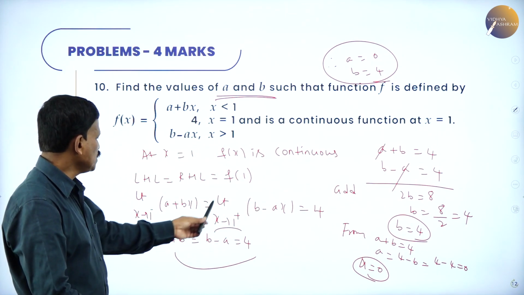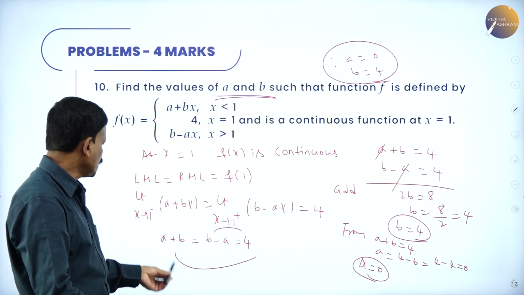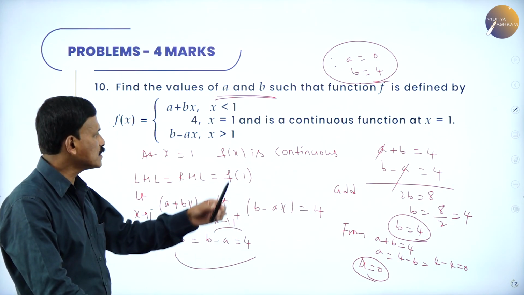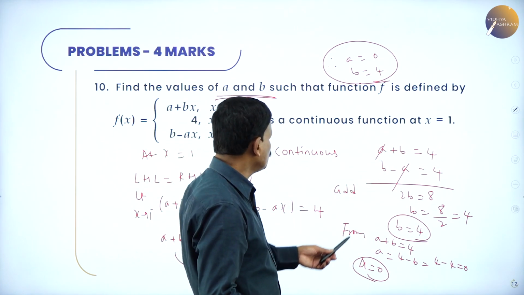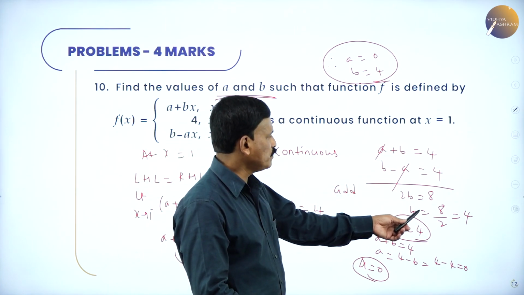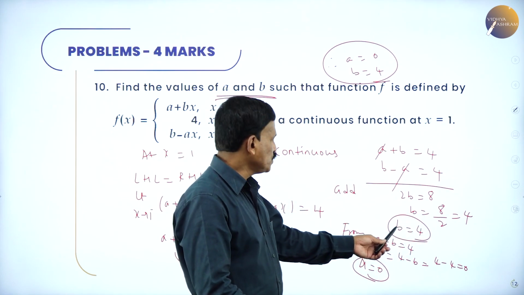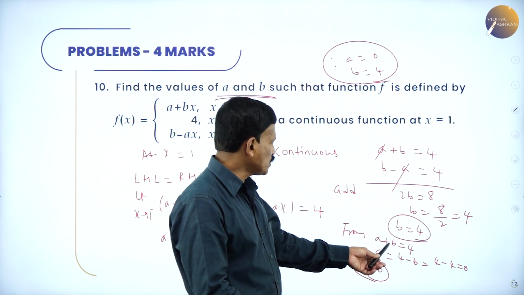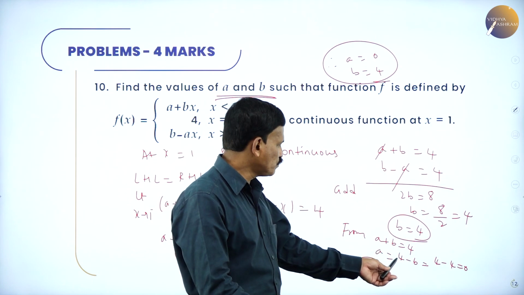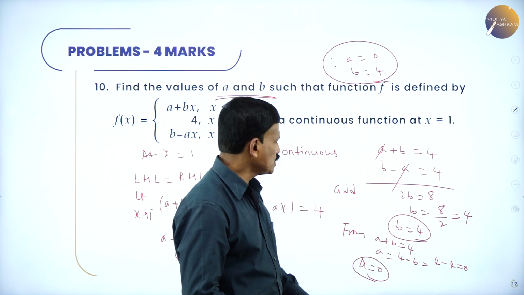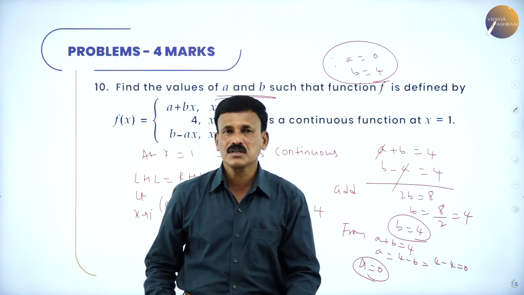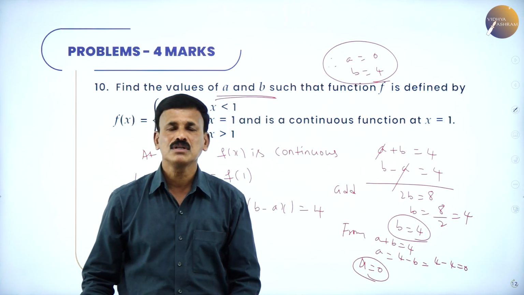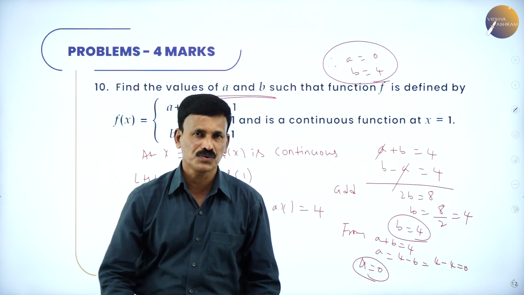So a plus b is equal to b minus a is equal to 4, a plus b is equal to 4, b minus a is equal to 4, minus a plus a gets cancelled, solving equations 1 and 2, 2b is equal to 8, b is equal to 8 by 2 is 4, b is equal to 4. Substitute here, a plus b is equal to 4 or a is equal to 4 minus b, 4 minus 4 is 0, therefore a is equal to 0. So the values of a and b are a is equal to 0 and b is equal to 4.